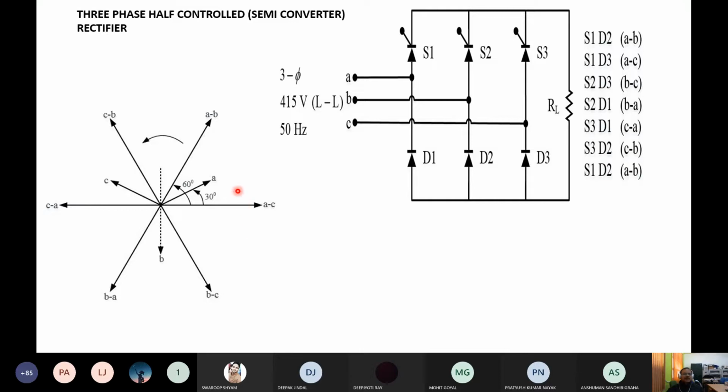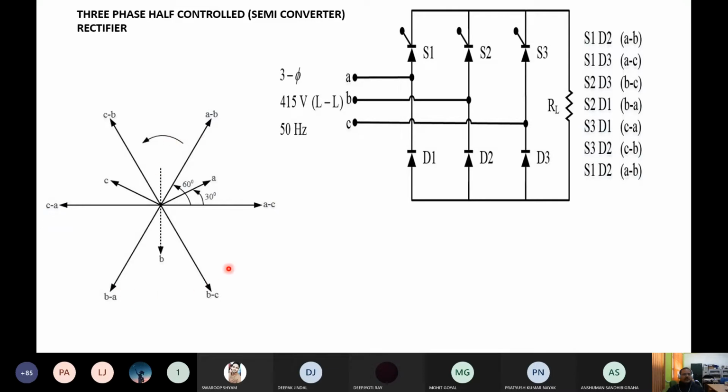Okay, just after this instant, AB is maximum positive. After 60 degree, now it is 60 degree between the line voltages and 30 degree between phase voltage and line voltage. After 60 degree, AC will be maximum positive. After another 60 degree, BC will be maximum positive.